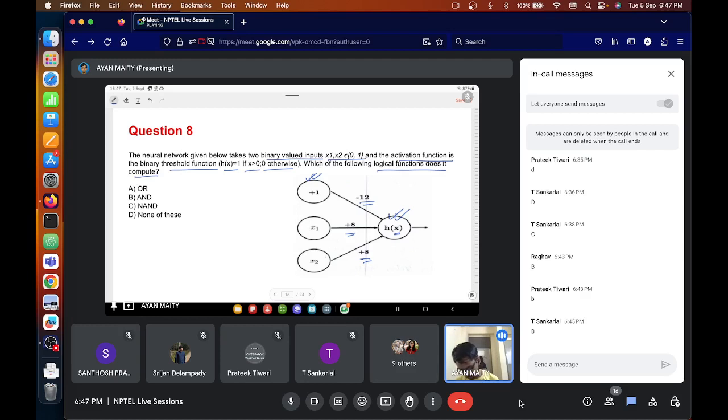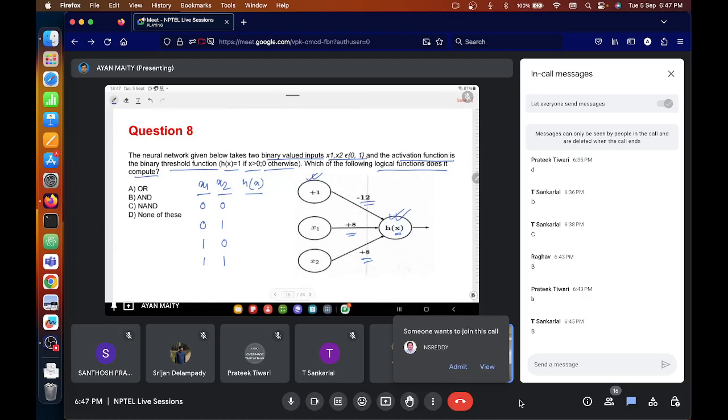So for this question, you have to simply compute this input output table. There are only four possible combinations of the inputs x1 and x2, because both are binary valued inputs.